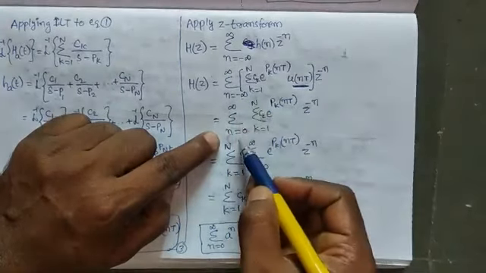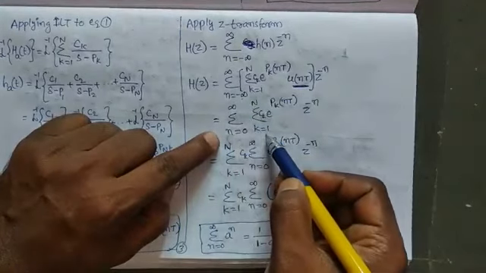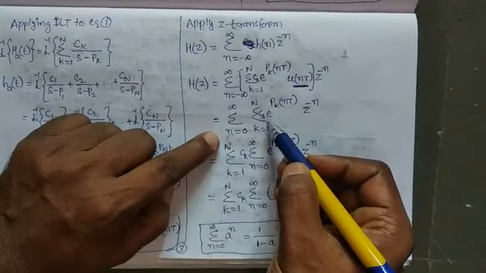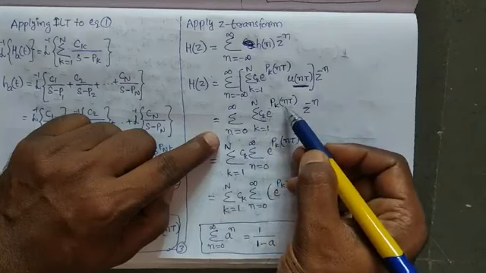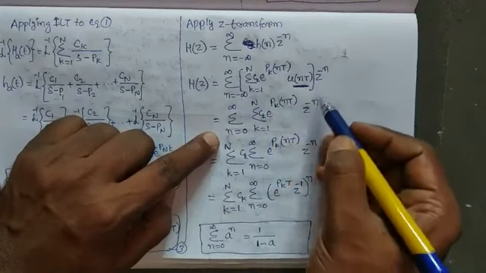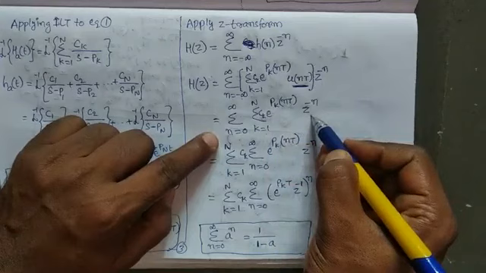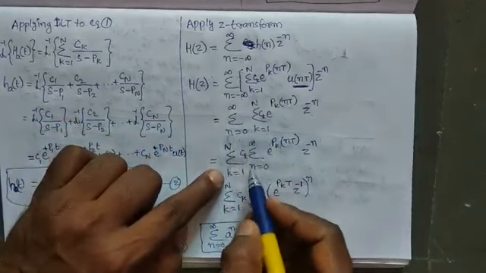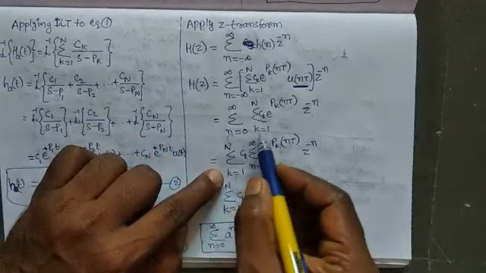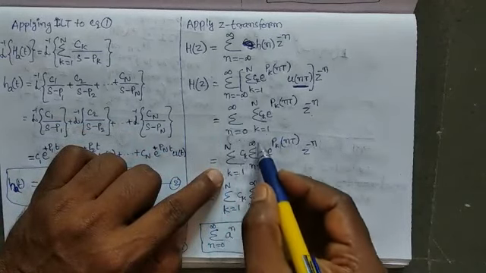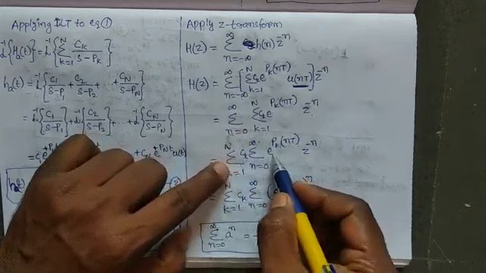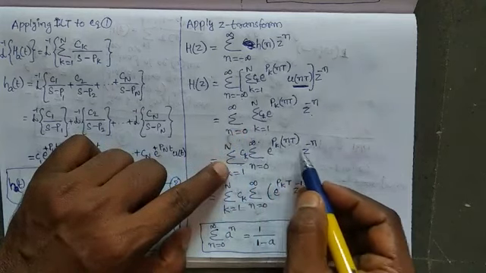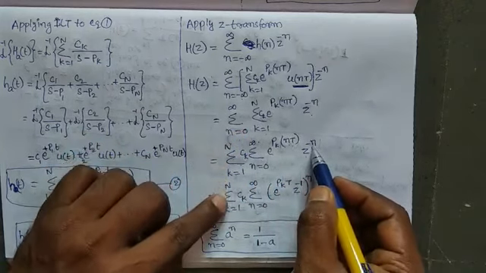Summation n equal to 0 to infinity, summation k equal to 1 to capital N ck e power pk nT into z power minus n. We are interchanging the order of the summation: summation k equal to 1 to N ck, summation n equal to 0 to infinity e power pk nT z power minus n.